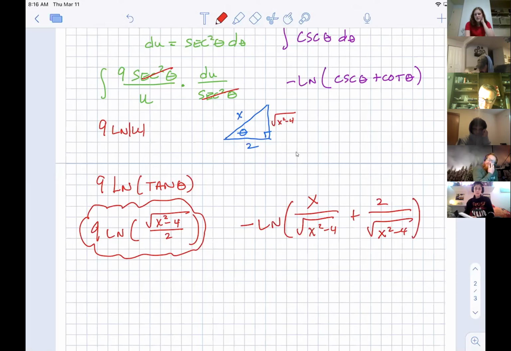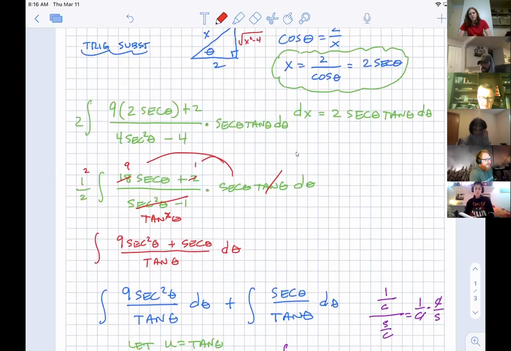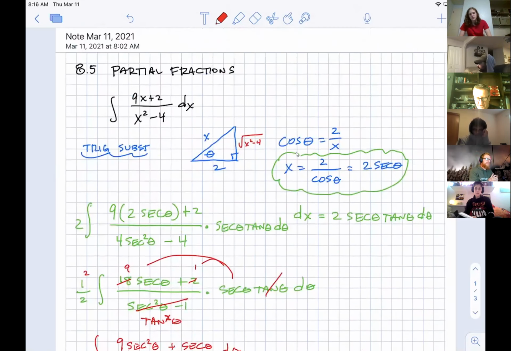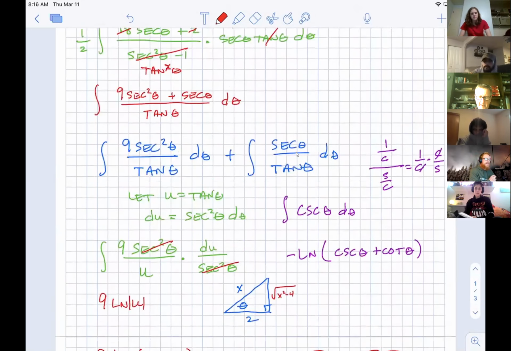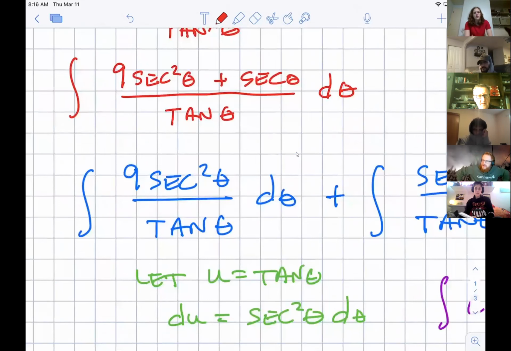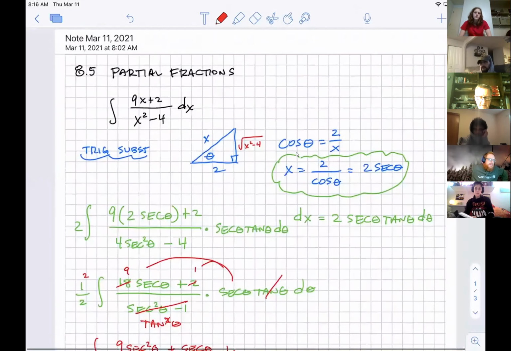I have a question. Sorry? For the original integral, can't we just split it up using the plus sign, like do the integral of 9x over x squared minus 4 and 2 over x squared minus 4? Yeah, that's exactly right. Couldn't we have, just like we split this red integral right here into two parts, couldn't we have done that at the start?